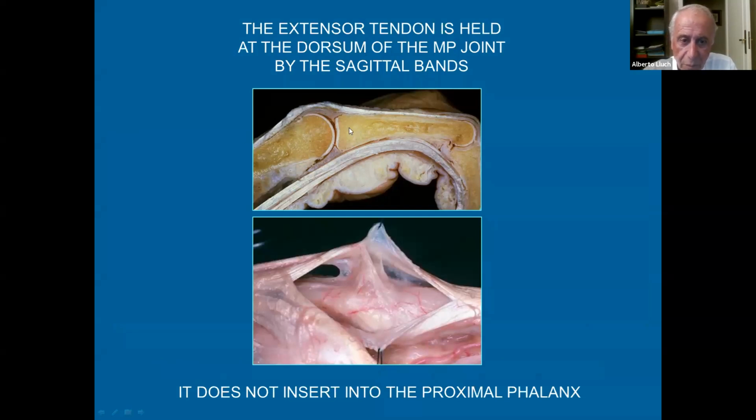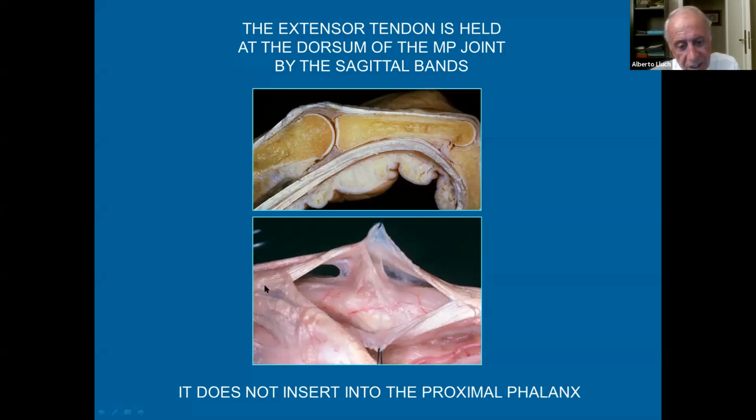This is the metacarpal-proximal phalanx, extensor tendon right here next to the bone. Here's the PIP joint, and here the flexor tendons, the profundus and the sublimis. Here's the volar plate of the MP joint.